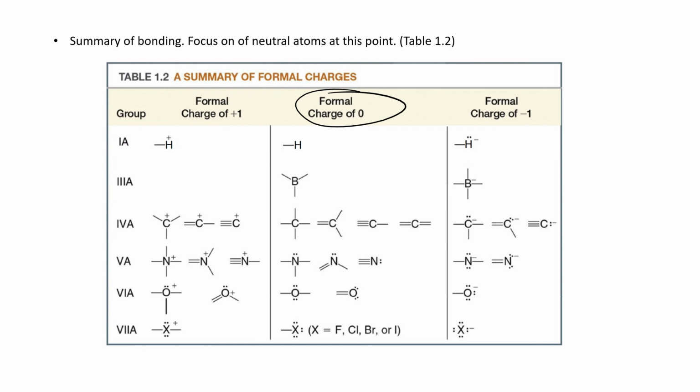Let's take a look at carbon. We said that carbon was tetravalent. Now, carbon can have 4 bonds in a variety of different patterns. It can have 4 single bonds. It can have a double and 2 singles. It can have a triple bond and 1 single bond, or it can have 2 doubles. In each case, carbon has 8 valence electrons and it has 4 covalent bonds.